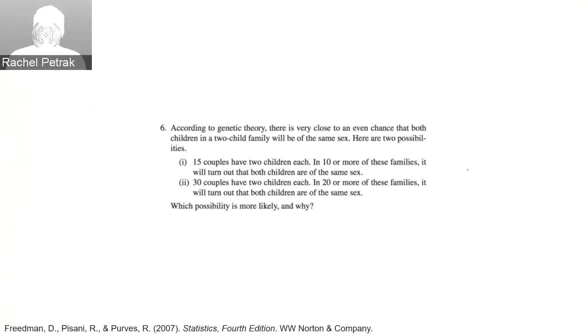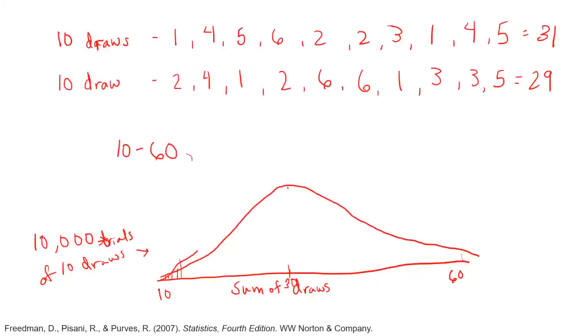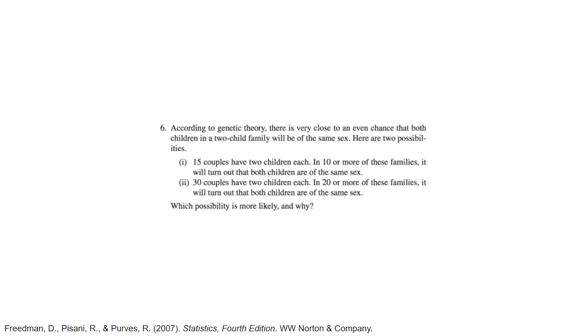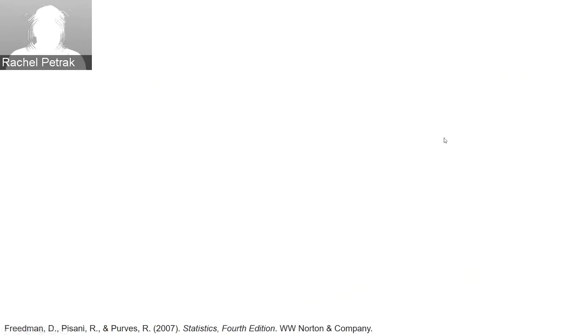So if we look at the individual probability of each of these, if we have 10 out of 15, that's the same as 20 out of 30.